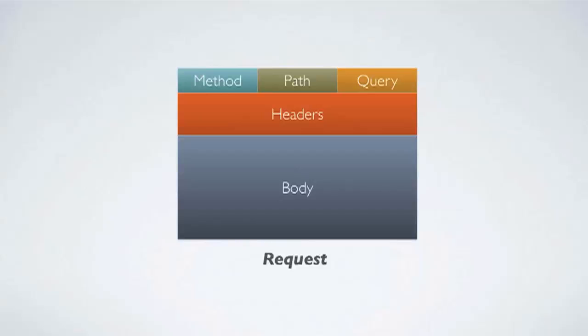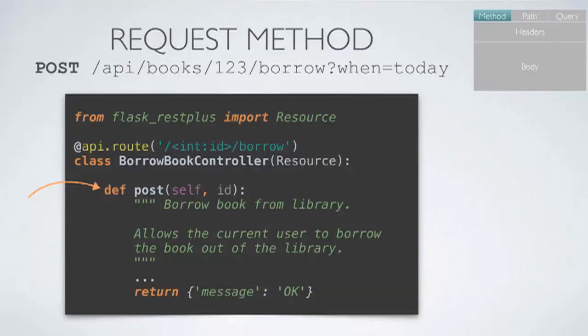So let's get to Flask-Restplus, the library which you can use to create the APIs that I was showing off. We'll start with the request method, the request object, and we'll go through the fields one by one.